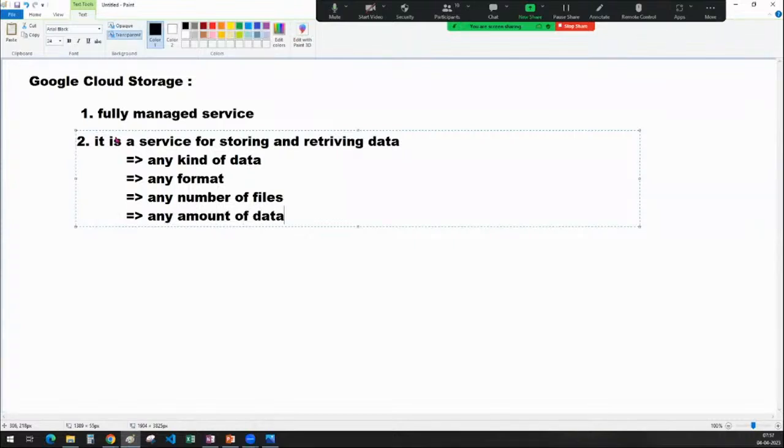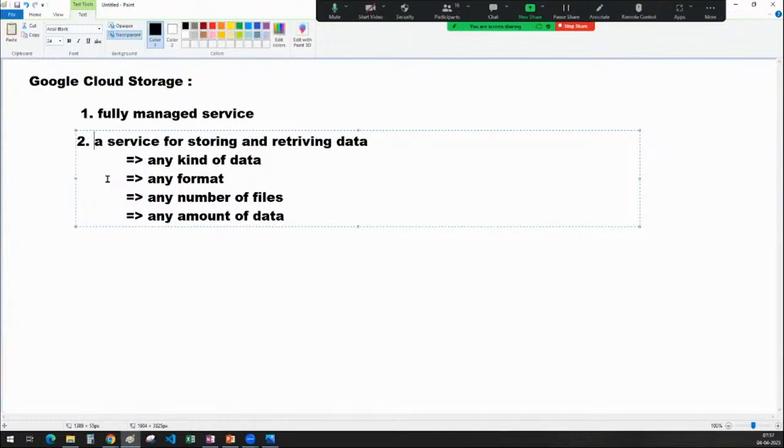It is a service for storing and retrieving the data. You can store any amount of data, any number of files, any format, any kind of data in the GCS, guys.